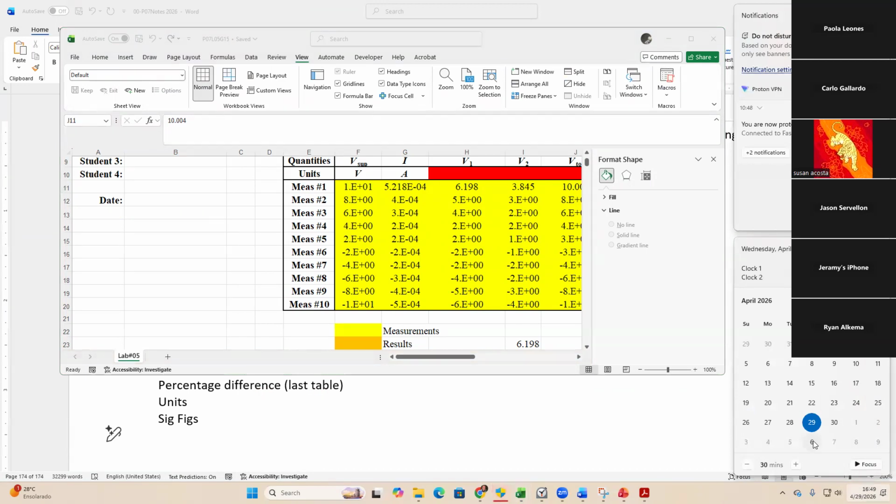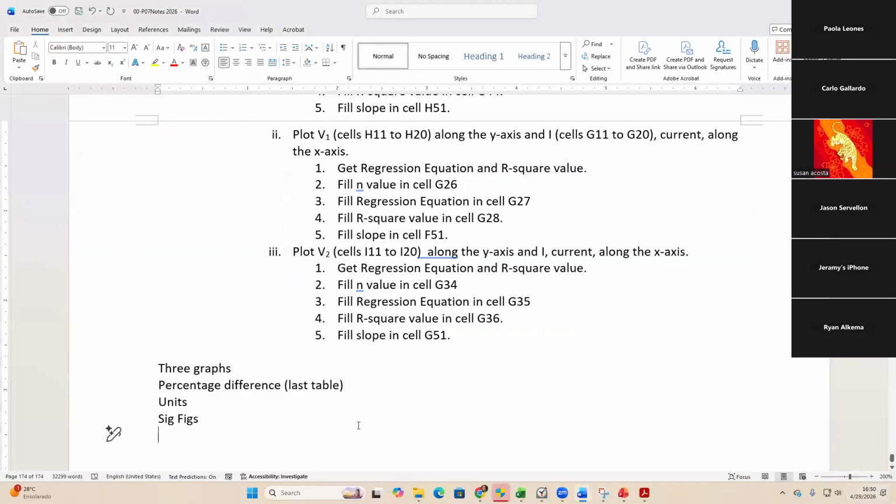Yeah, 2 days more. Let's see how it goes. If you need more time, I'll give you. Sig figs, tables 2, 3, and 4, right?